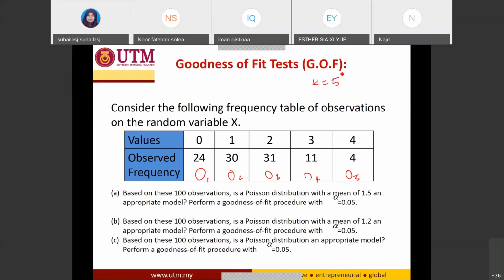5 categories. Based on these 100 observations, is a Poisson distribution with a mean of 1.5 an appropriate model? Perform the test at significance level alpha 0.05.